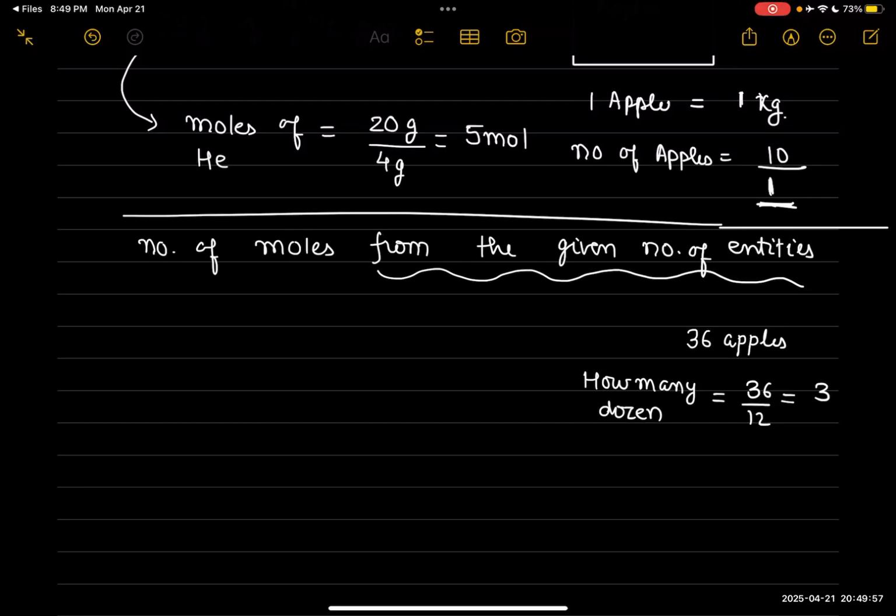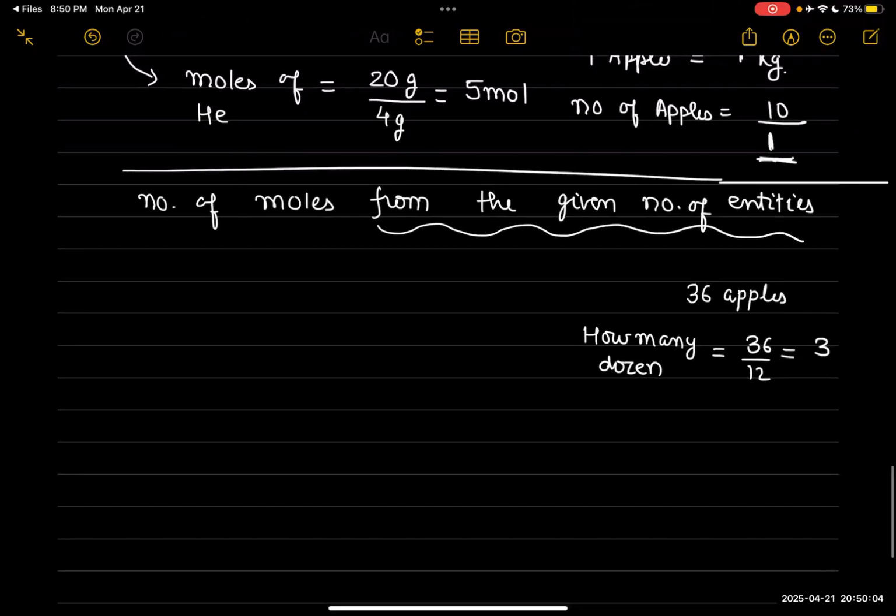Same thing you can apply for the mole also. But you need to be very careful if the number of entities is given. So first I write the formula.